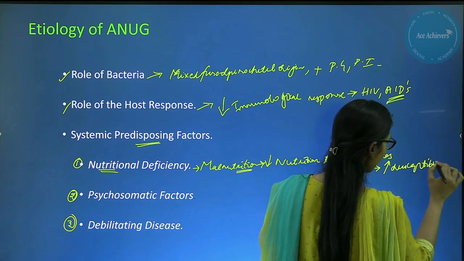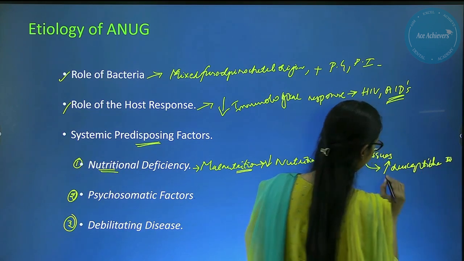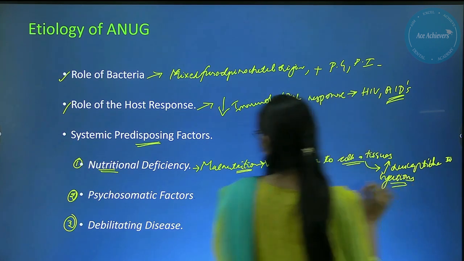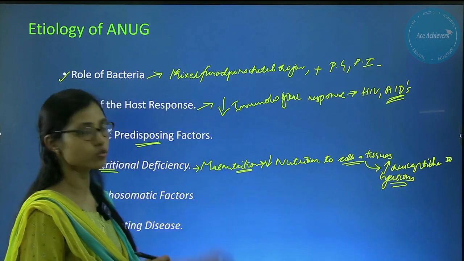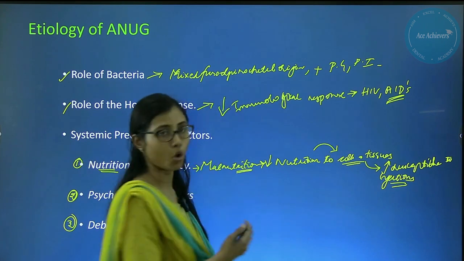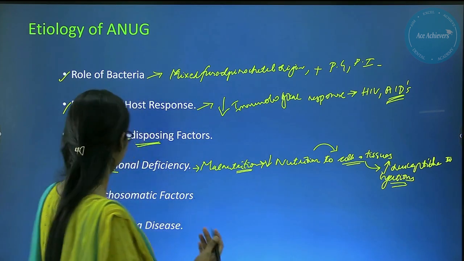The cells and tissues are more susceptible to any of the infections, okay. So in case of malnutrition, there is going to be reduced nutrition availability to the cells and tissues, thereby making them more susceptible or prone to infections, okay.